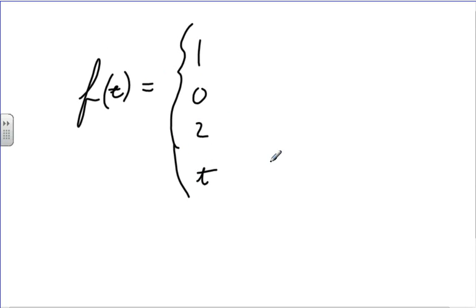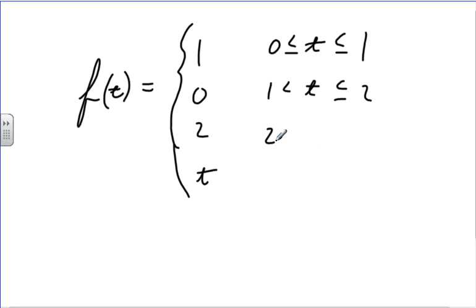Okay, so f of t is equal to 1, or it could be equal to 0, or equal to 2, or equal to t. It's equal to 1 for 0 less than or equal to t less than or equal to 1. It's equal to 0 from there to 2.